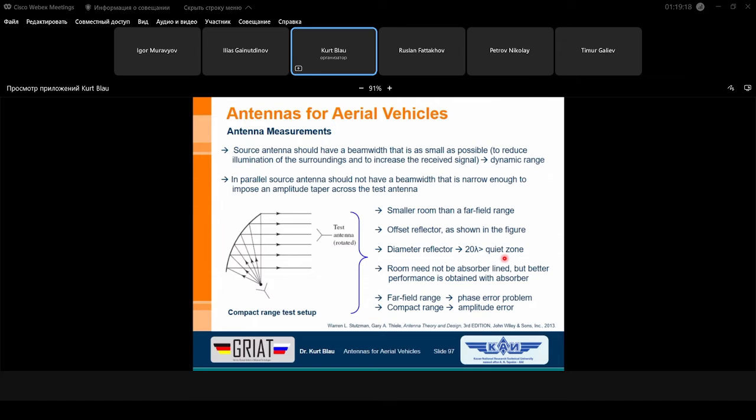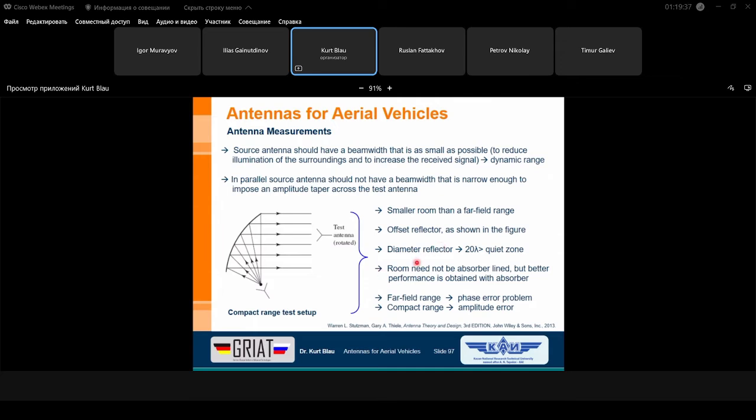For instance, you can say I have measured the antenna in the so-called quiet zone with a measurement error of plus minus 1 degree. This is the second value, or second threshold, of this quiet zone.